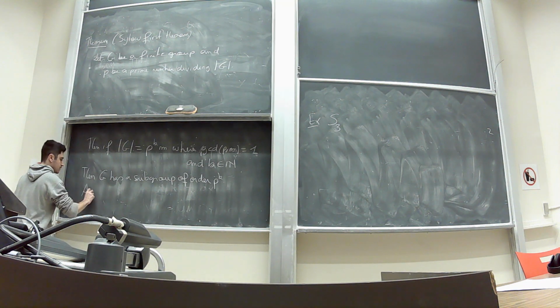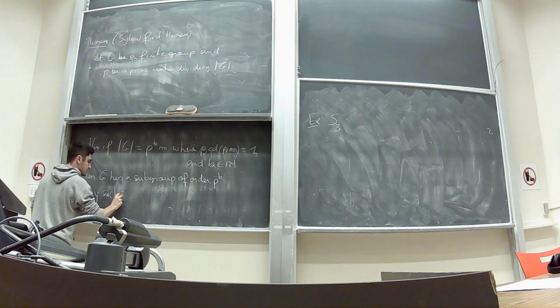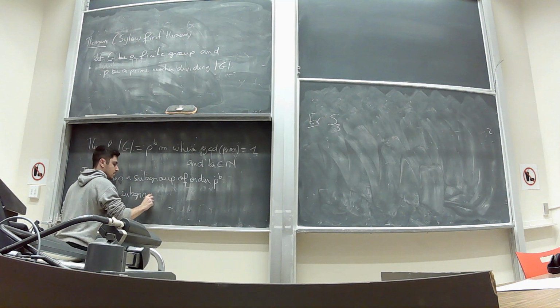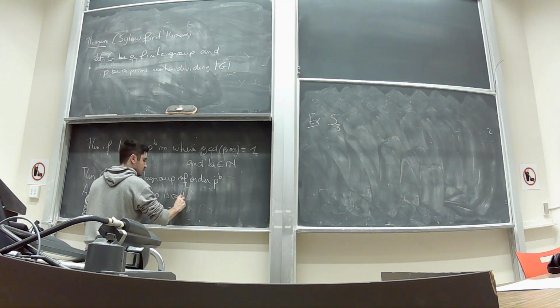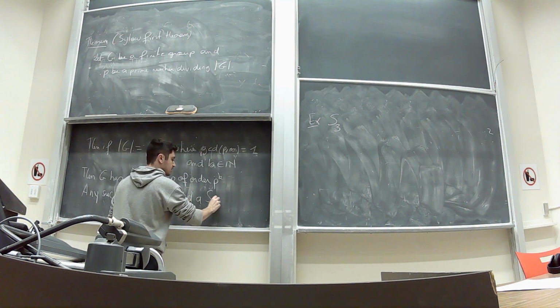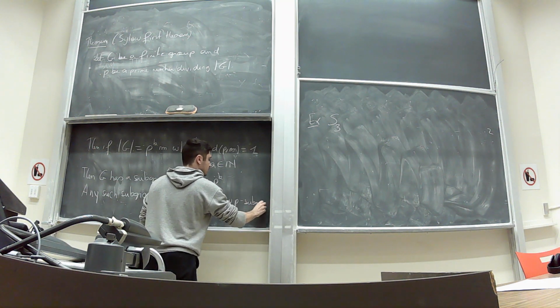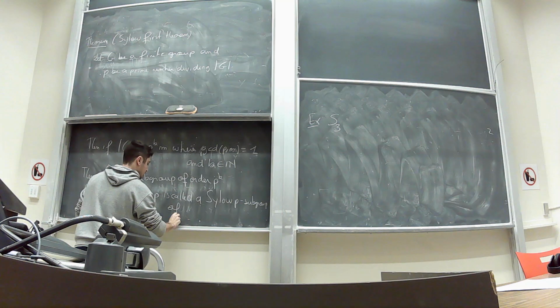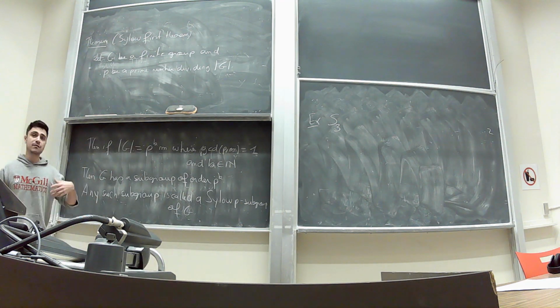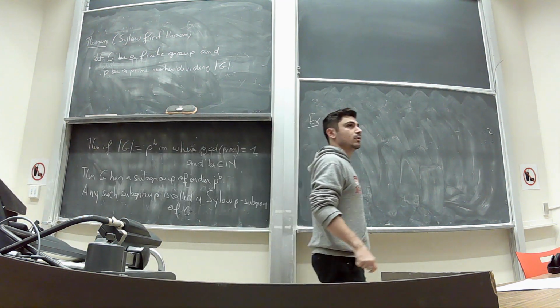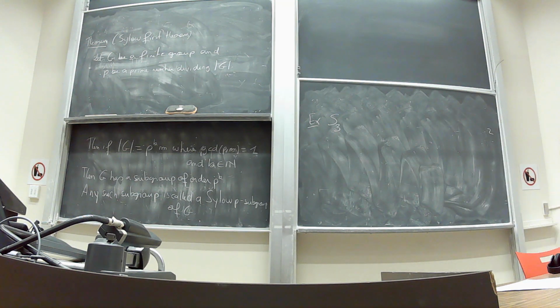Any such subgroup is called a Sylow p-subgroup of G. So if you have a subgroup of order the maximal prime power p dividing the order of G, it's called the Sylow p-subgroup. This is the name. What is it called? Sylow p-subgroup.